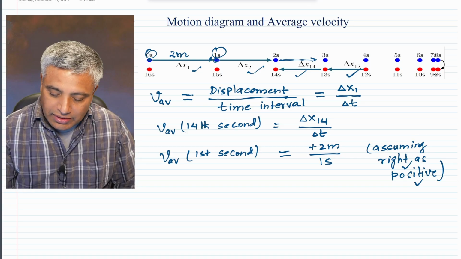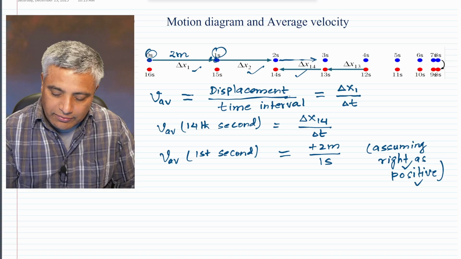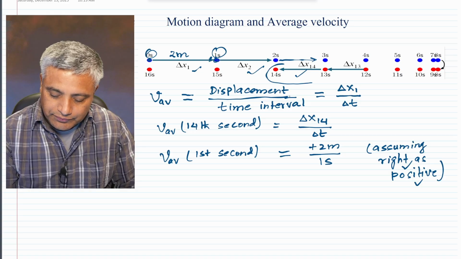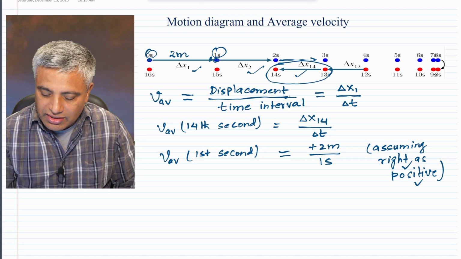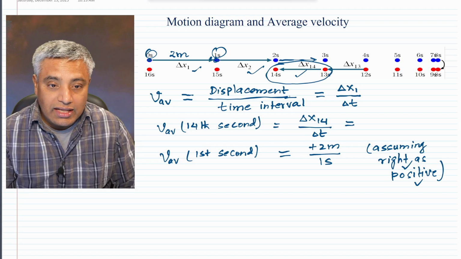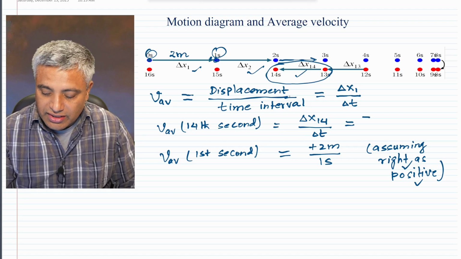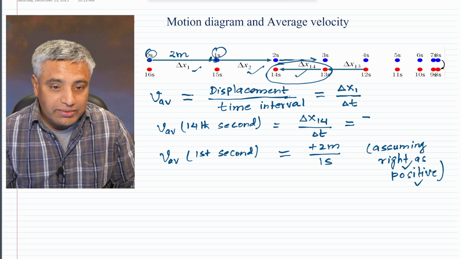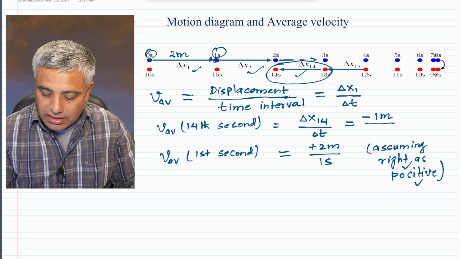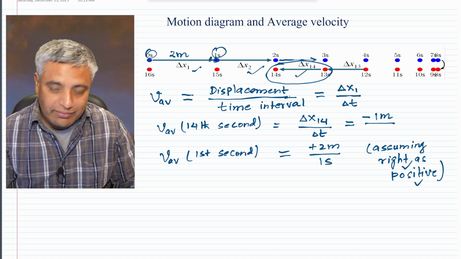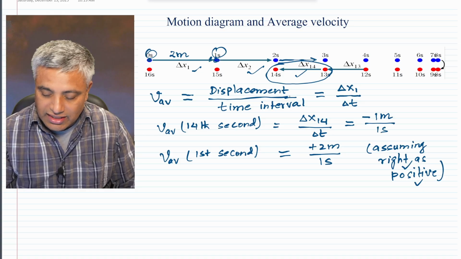So for example, over here, let's say at the 14th second, this displacement was only 1 meter, then how would I write it now? Since it is pointing to the left, it's going to have a negative sign now. And 1 meter, divided by, and remember the time interval is 1 second.